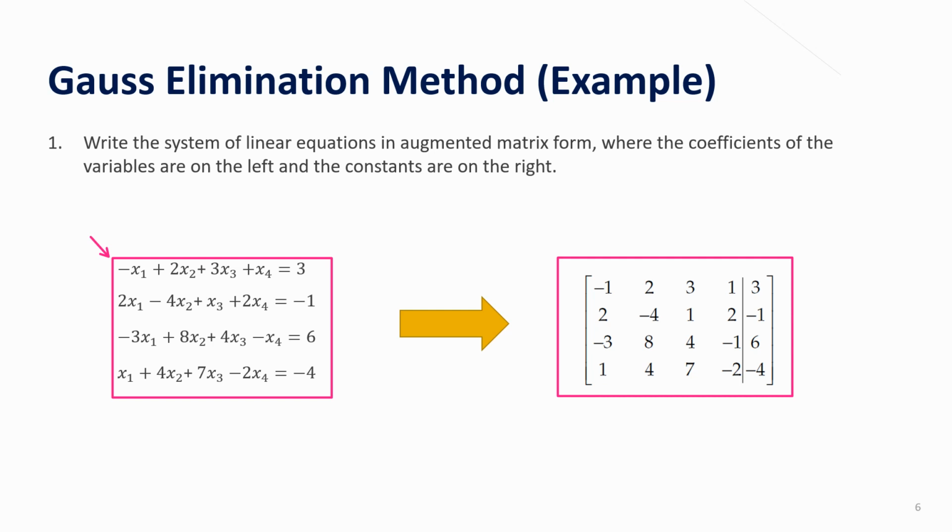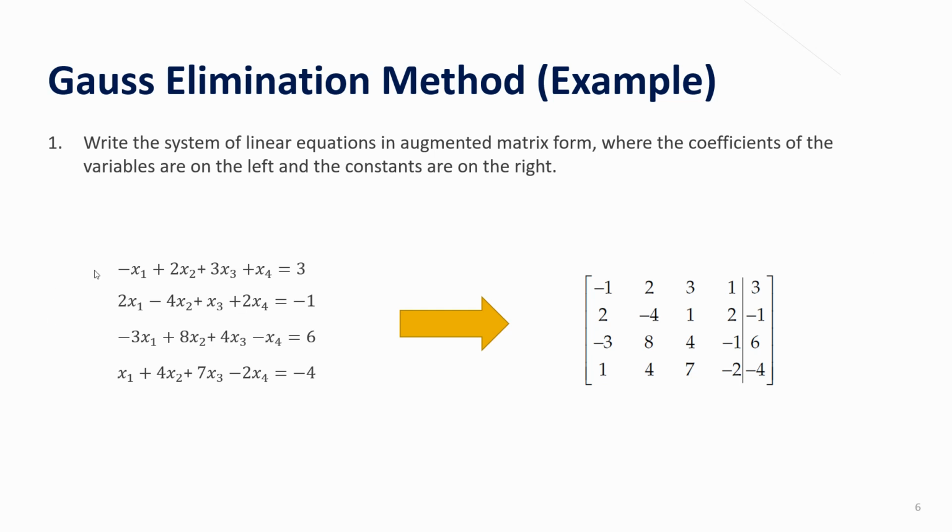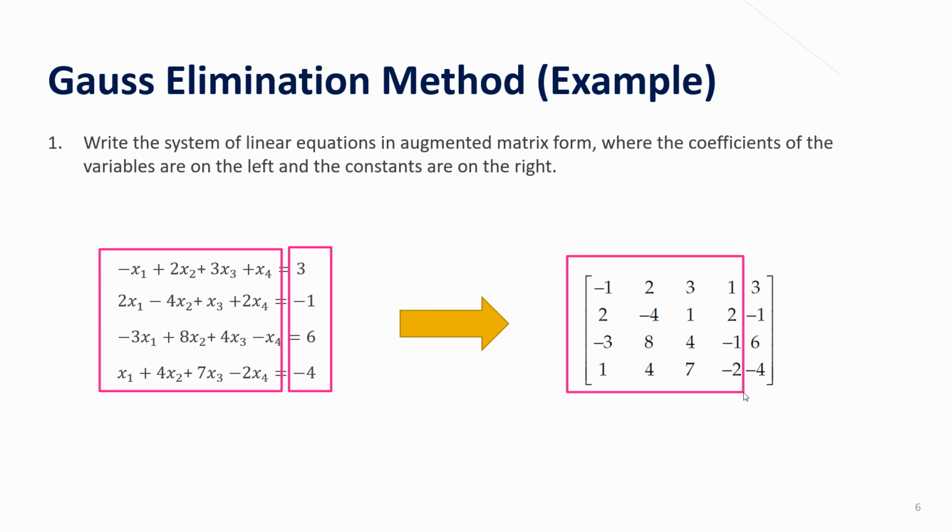In order to do that, we have two parts. The first one: you need to take all the coefficients in the left-hand side, which we call the A matrix, into the augmented matrix version of it here.